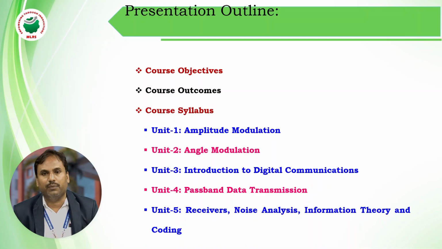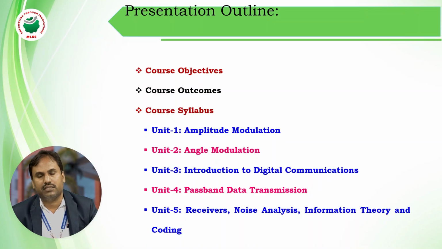And what is the syllabus of this course? The syllabus is divided into 5 units or modules. The first one is amplitude modulation, the second is angle modulation, the third is introduction to digital communications, the fourth is passband data transmission, and the fifth is receivers, noise analysis, information theory, and channel coding.